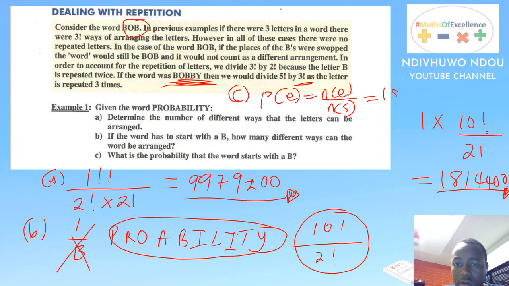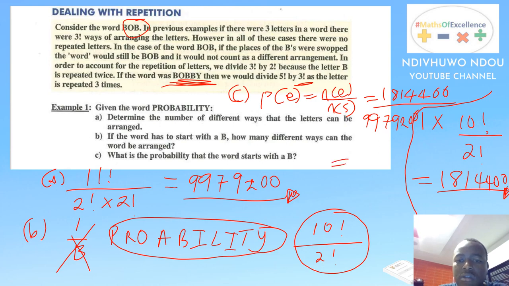It was 1,814,400, divided by the total number of ways in which you can arrange all letters, which we already calculated in number A, and we got 9,979,200.